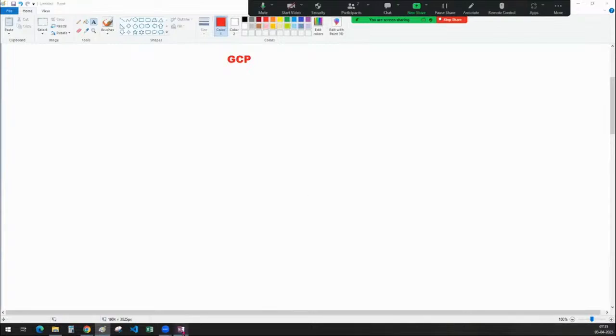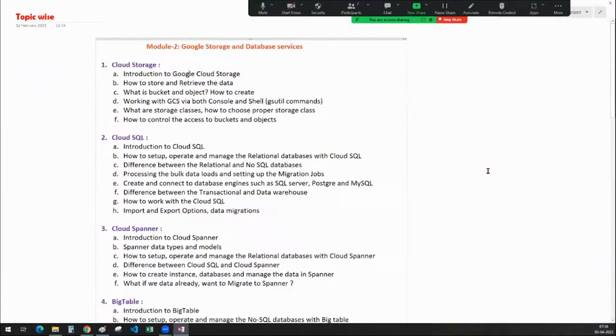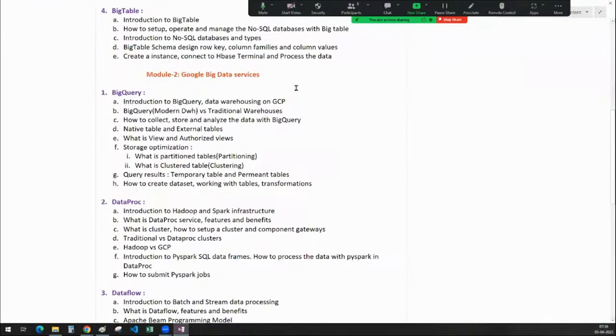Let me tell you the course content first. So here is the course content, guys. As I mentioned, Google Cloud Platform is providing a pool of cloud computing services such as Google storage and database services, as well as Google big data services.